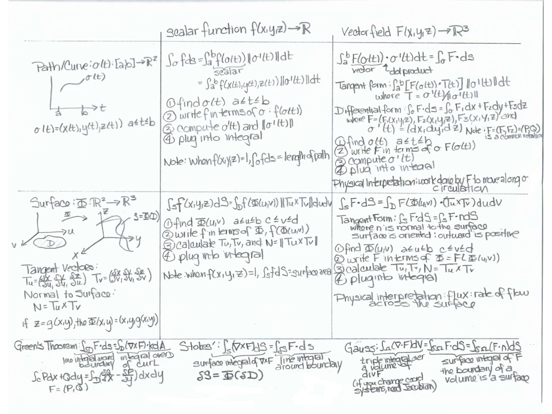I also have a few notes on Green's theorem, Stokes, and Gauss. I find it really helpful to organize this information. I also have a whole separate video on this chart, on this matrix. I refer to this summary of path and surface integrals quite often, but I often have it in a corner here very small, so you might want to screenshot this so you have access to the full-size version. And I do have a whole separate video devoted to this summary.